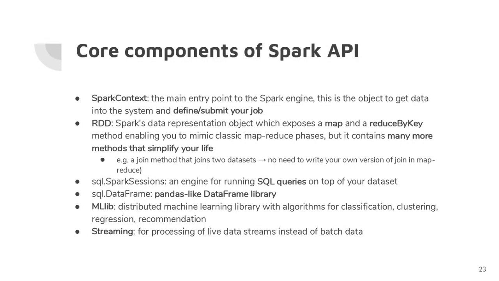Of course, behind the scenes, it's distributed, and you're doing parallel and distributed processing, but it looks like a regular object in Python. Also, a difference from MapReduce is that you have map and reduce by key, but you have many more methods, for example join and all these other methods, which we'll see if I have time at least. It's also something we will practice during the lab session this afternoon.